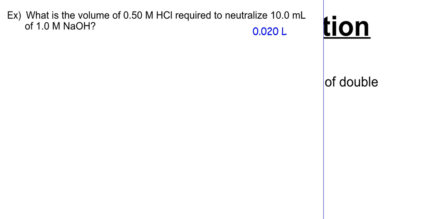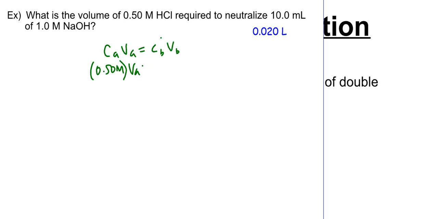So let's do a really quick example with that. What is the volume of a 0.50 molar HCl that is required to neutralize 10 mL of a 1.0 molar NaOH? So my answer is there. If I'm going to use CAVA equals CBVB, then in this case, my concentration of my acid is 0.50 molar.